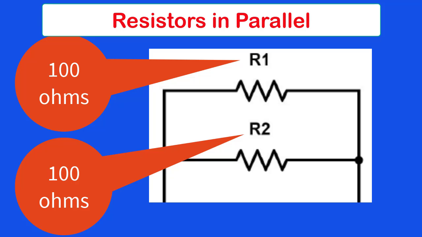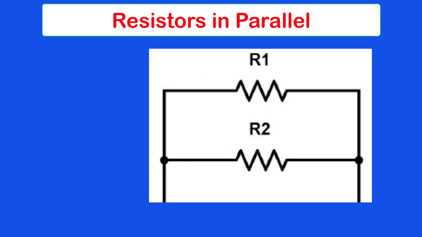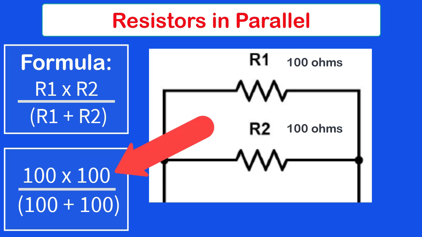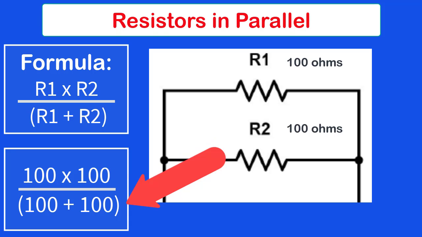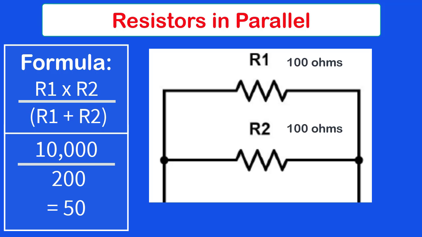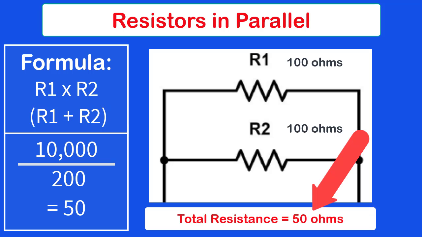The formula is R1 times R2 divided by the quantity R1 plus R2. So the calculation is 100 times 100 divided by the sum of 100 plus 100, giving us 10,000 divided by 200, which equals 50. So the total resistance in the circuit is 50 ohms.